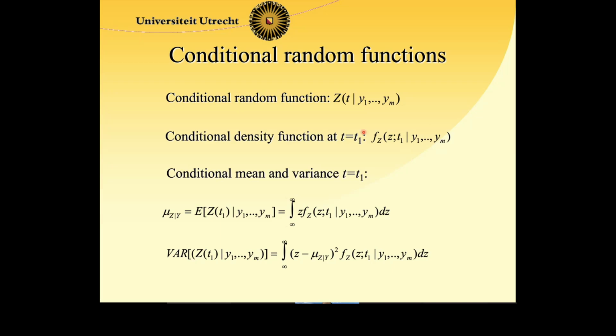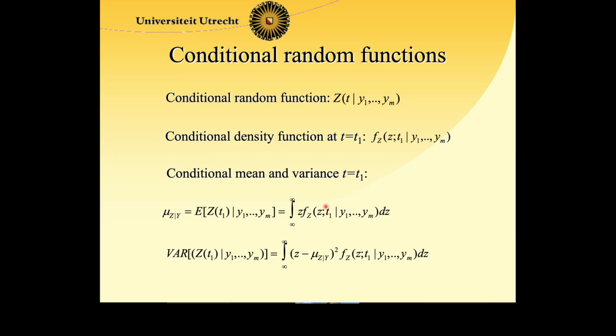And again, notice that this now changes depending on T, on time. This is no longer the same everywhere, because a conditional random function is not necessarily stationary. And because we have the conditional probability density, we can also calculate the conditional mean and the conditional variance.